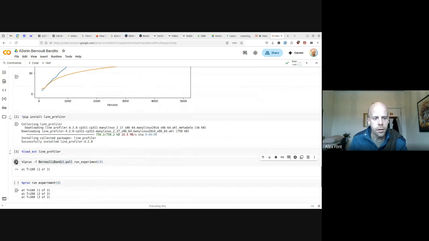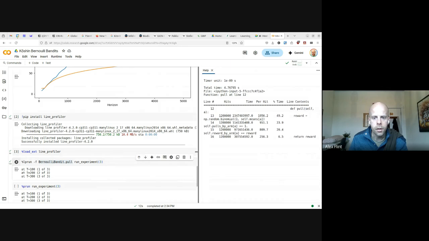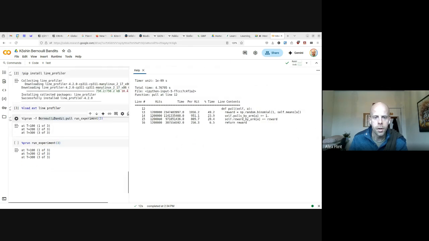Anyway, finally, you can run this thing like this. And you get over here a nice version of a profiler, because profilers usually are a pain to use.